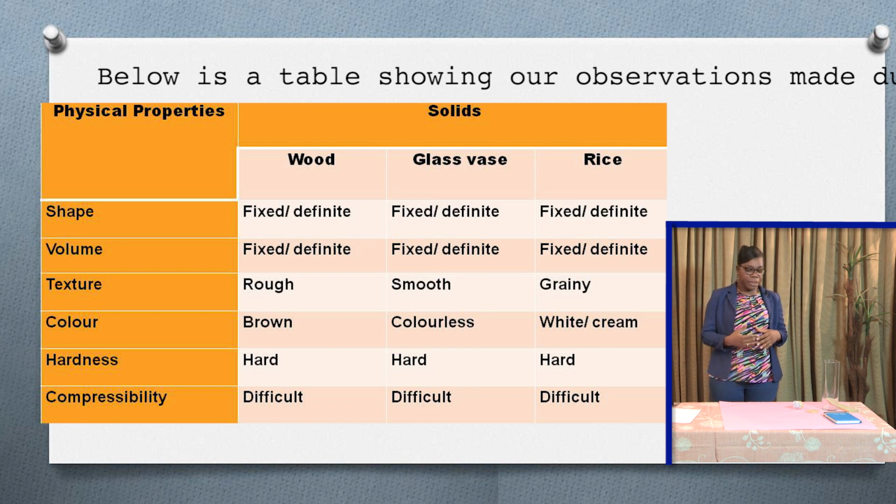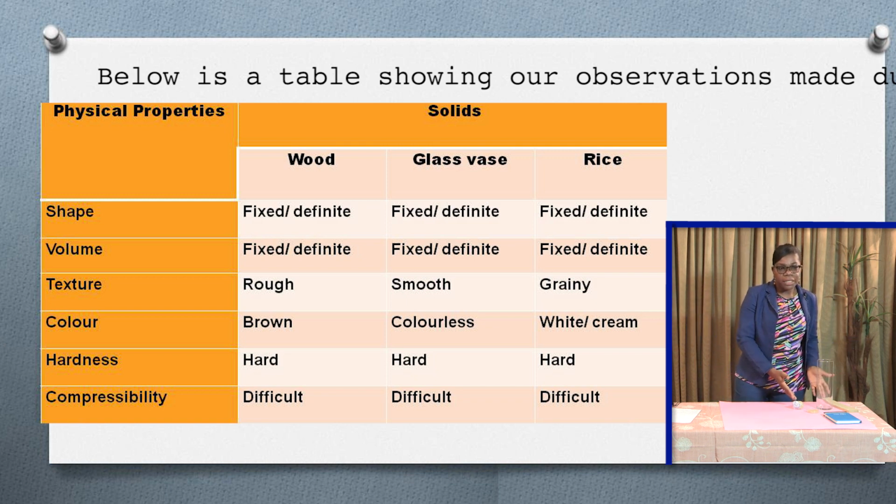The physical properties among the solids we looked at are similar in most cases, like the shape, fixed, the volume, fixed, the ability to be compressed, difficult, and they are hard. So those physical properties are common among these solids we looked at.